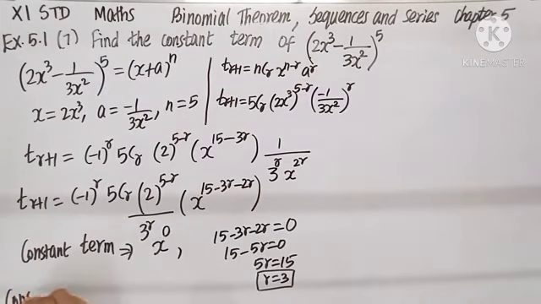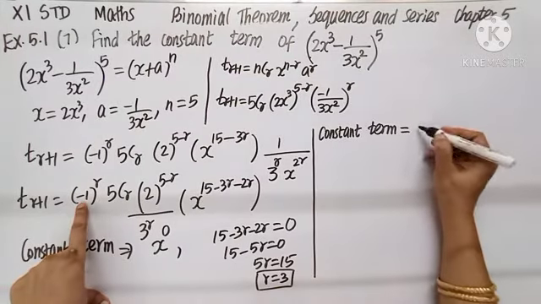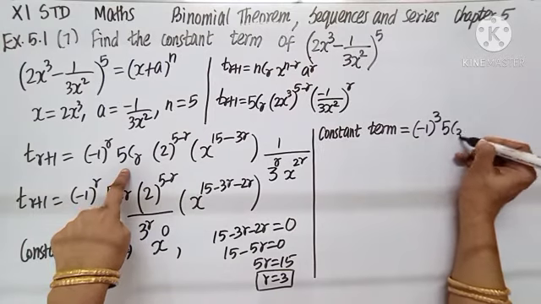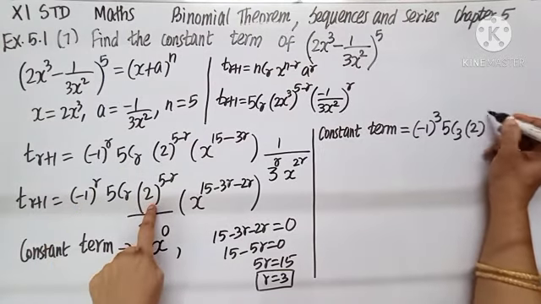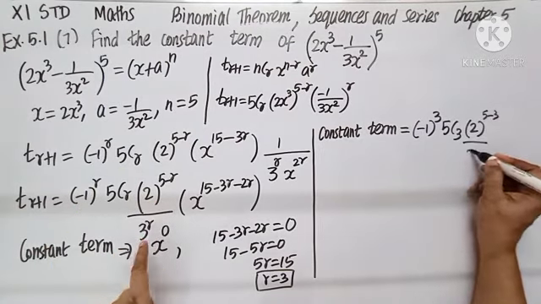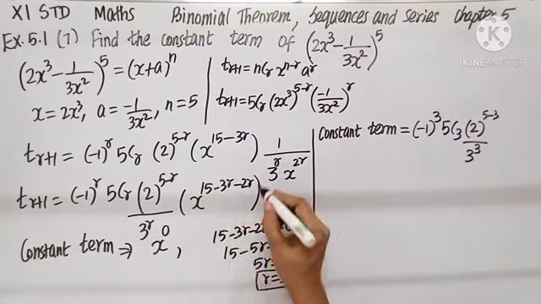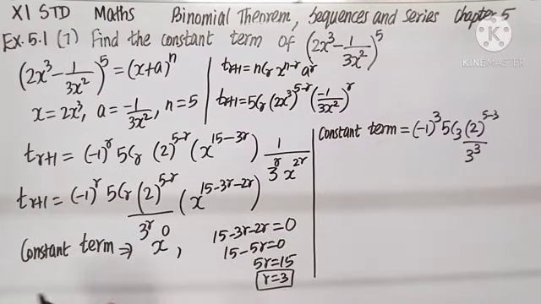So I get the constant term minus 1 power 3, 5C3, 2 power 5 minus 3 by 3 power 3. So in this, wherever r is coming, let us put 3. We mustn't put x power because we need only the constant term where x power becomes 0, that is ultimately 1.